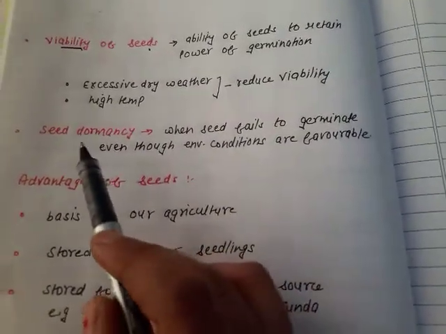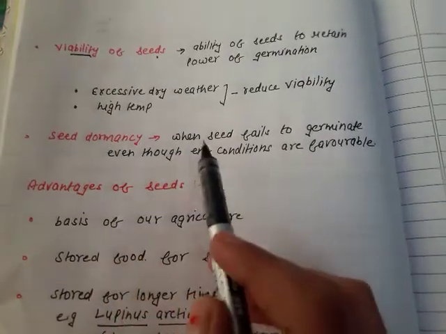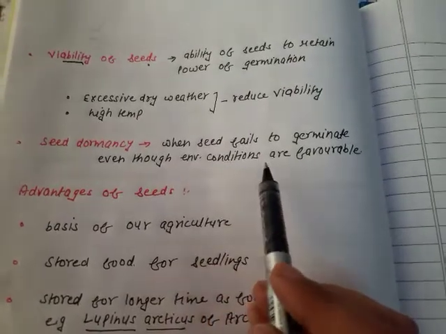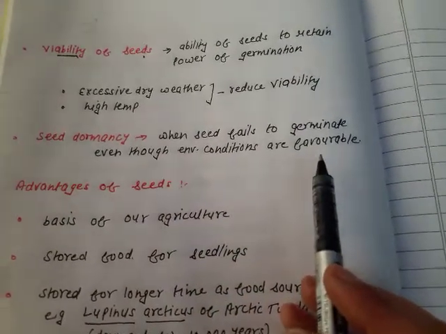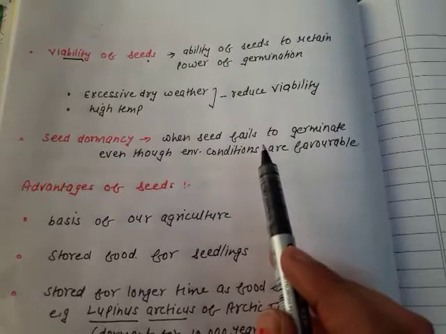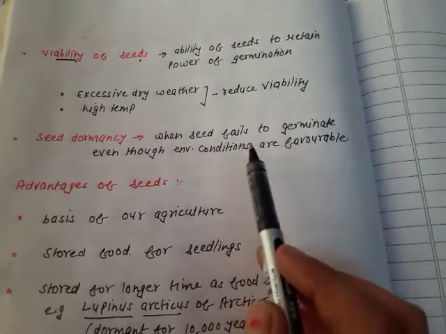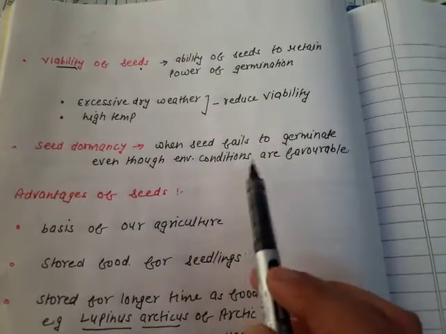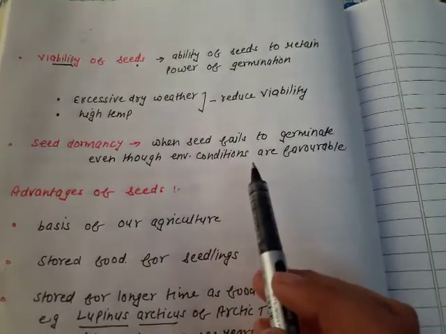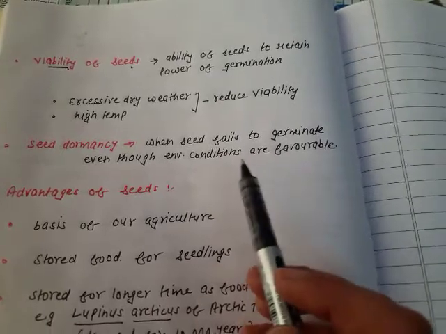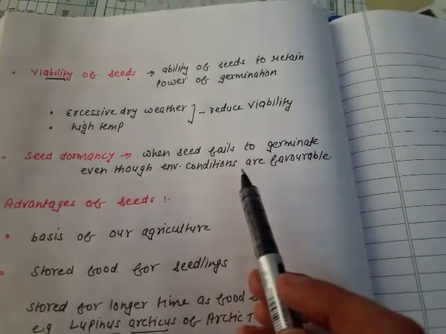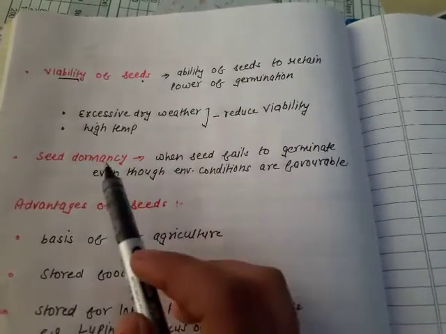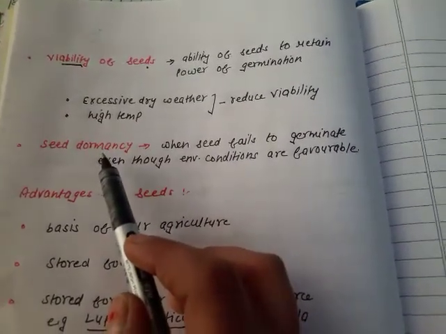This is what we call seed dormancy, means seeds fail to germinate even when the environmental conditions are favorable. मतलब सीड तब भी जर्मिनेट नहीं कर रहा जब उसे सारी की सारी कंडीशंस मिल रही हैं. So seed germination may be delayed for days, for a week, for a month, or even for years. Seeds of such plants are said to be in the state of dormancy.